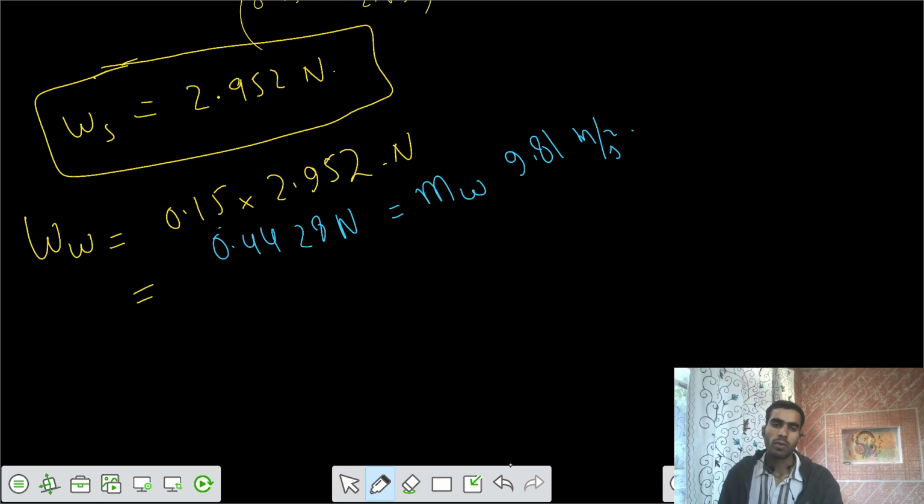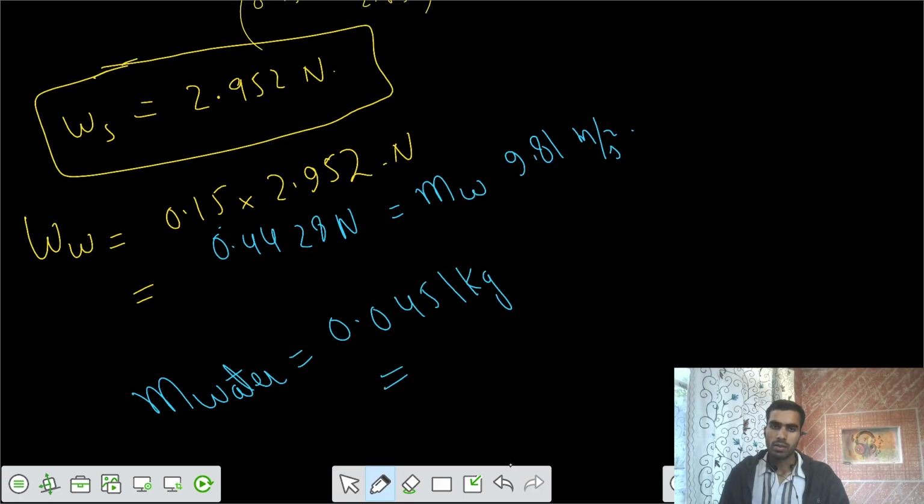So the mass of water to be added would be 0.4428 divided by 9.81. So this much amount of kgs, 0.0451 kgs.